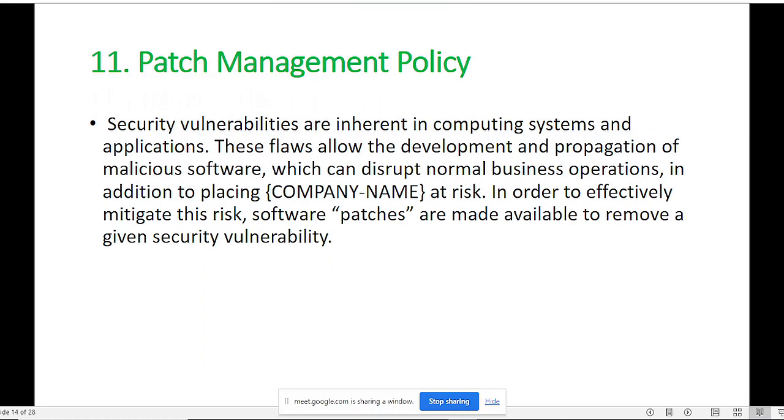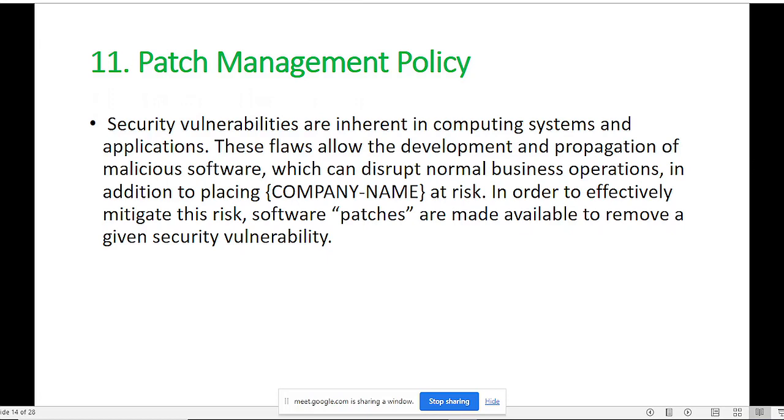We also have patch management policy. Periodically, we should be able to update our software, remember. So how are you going to do it? From which source or from which website are you going to do it? Are you going to purchase the licenses for this? How are you going to manage these particular patches?